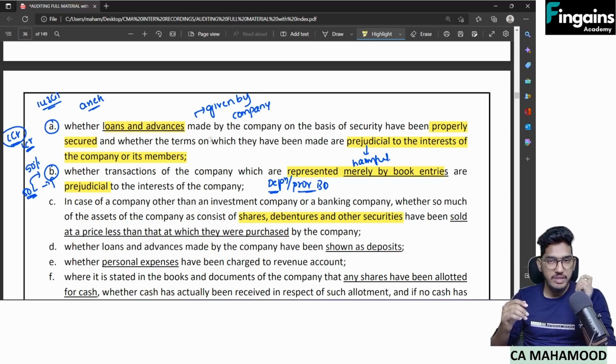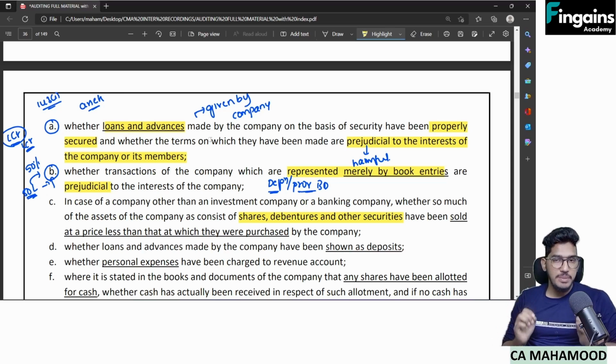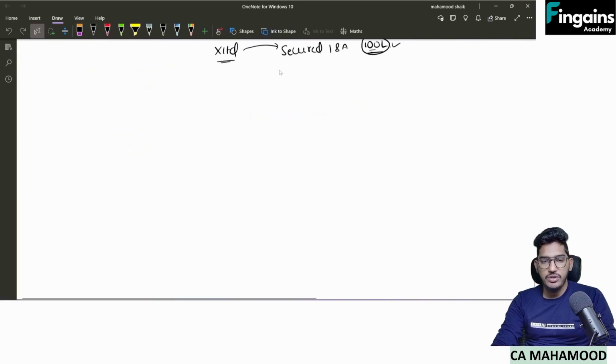Whether your client has any assets in the form of shares, debentures, and other financial instruments, and whether your client has sold the securities at a price less than the purchase price. Take for example, your client is some fictitious company, Z Limited. You are conducting the audit of Z Limited. Now this Z Limited has invested in the shares of another company. So they have some 1 lakh shares in some other company, ABC Limited.